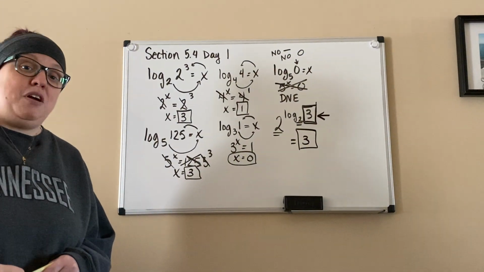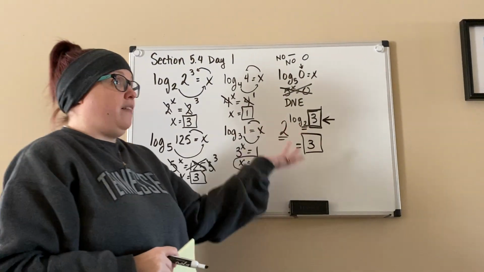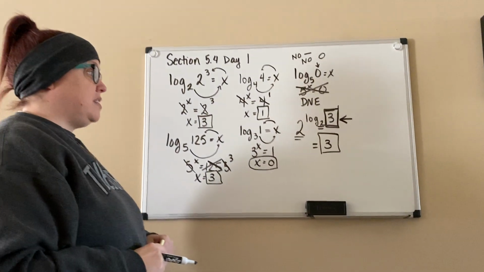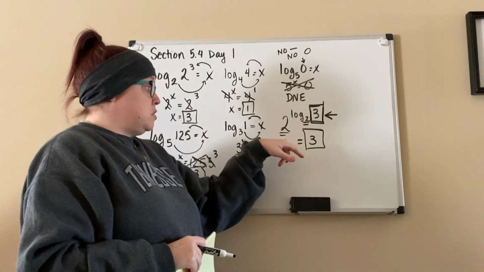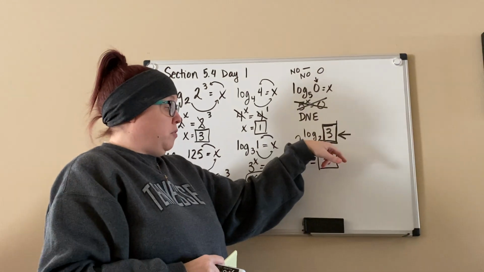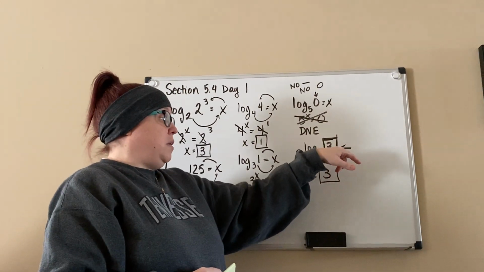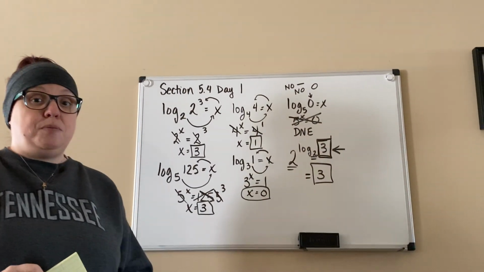It will be equal to 3 in this case. So if it had been a 5, it'd be equal to 5. If it was a 7, it'd be equal to 7. So as long as this matches that bottom number there, which it will, it's going to be equal to whatever number's in that position.